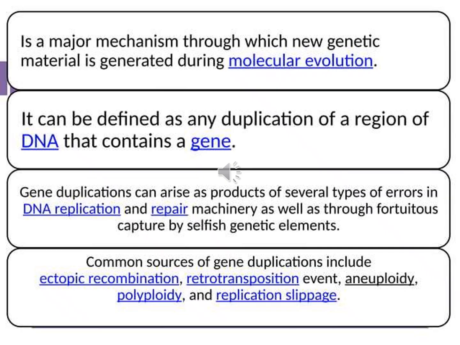The major detection methods are fluorescence in situ hybridization, that is FISH, quantitative PCR, qPCR, comparative genomic hybridization, and next generation sequencing.